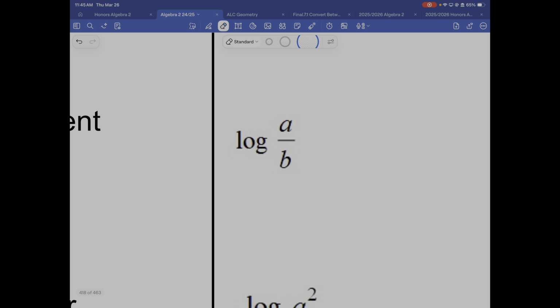The second one, if we have the log of a over b, and we want to write it in expanded form, the base remains the same. Our numerator goes first, our denominator goes second, and we subtract them. So those two things are equivalent to each other.